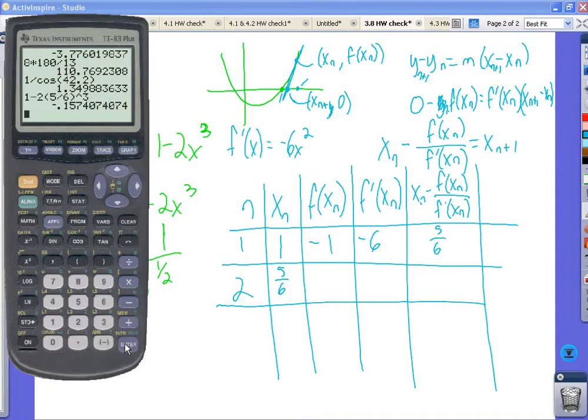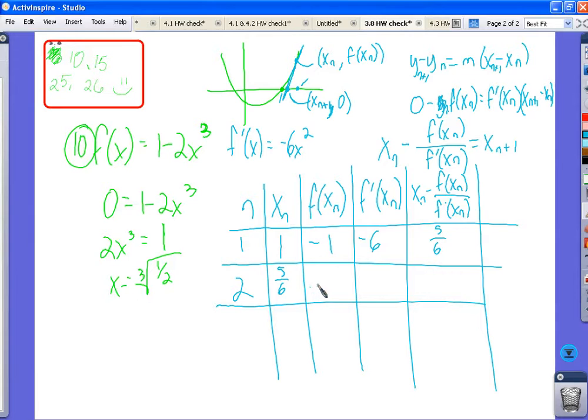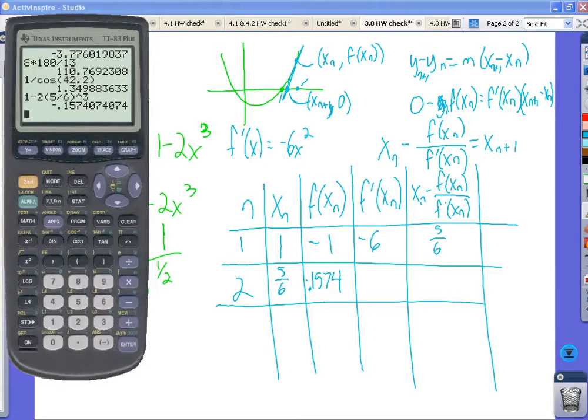So negative 0.1574. That's what I got. What did I do wrong? Oh, wait. Oh yeah, keep going. Yeah. Never mind. I thought you did the whole thing, but you didn't. Nope, I did f. Right. Then f prime. F prime is negative 6 times x, which is 5/6, squared. Negative 4.16667.